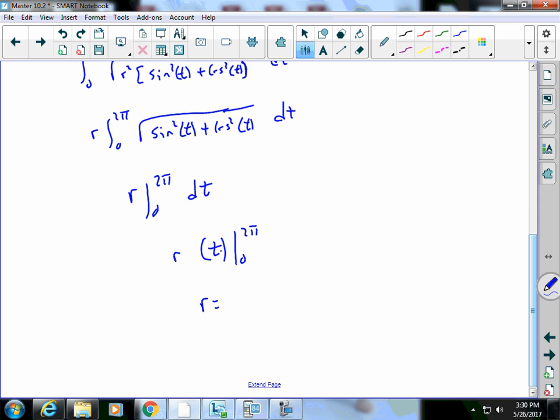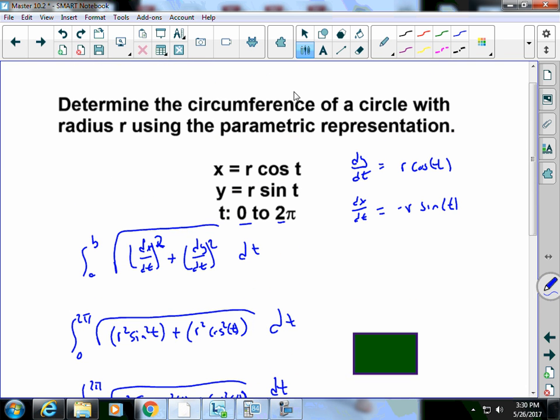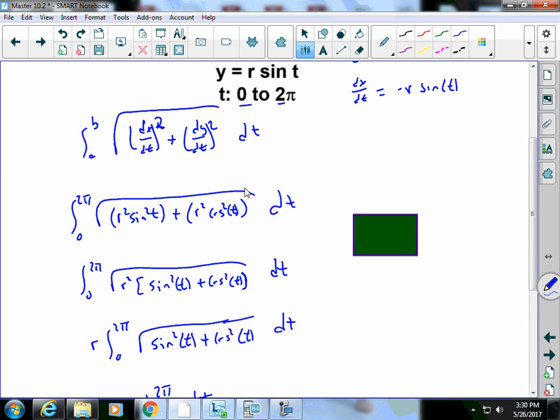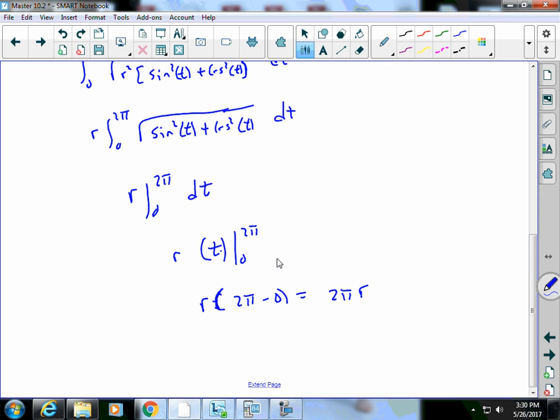So r times 2 pi minus 0, or 2 pi r. So we determined the circumference of a circle, right? Wow, that's a big surprise. The circumference of a circle, 2 pi r. We already knew that formula. So it's just confirming that that's correct. That's why we use that formula there.